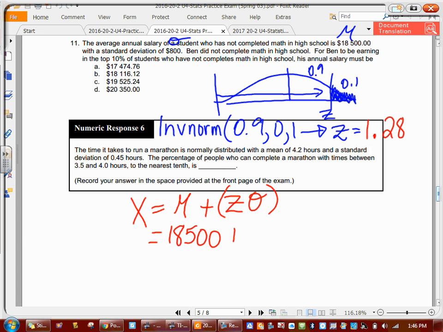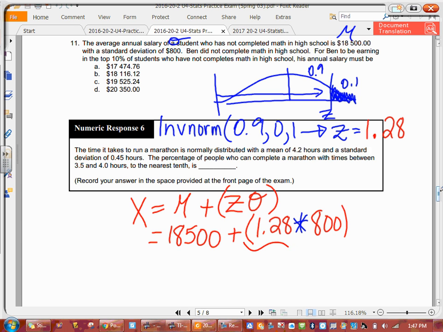So we have to do our multiplying first. So when you do the multiplying, how much do you get? You get 1,024. So you add 1,024 to the 18,500. How much are you going to get? 19,525.